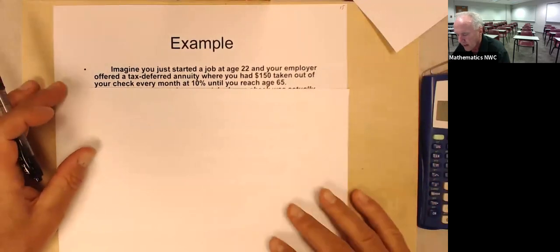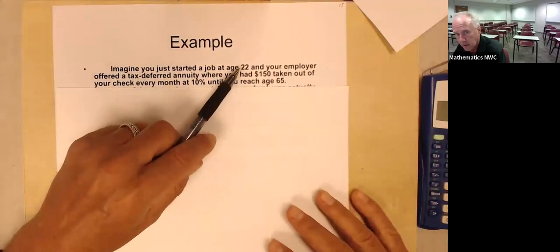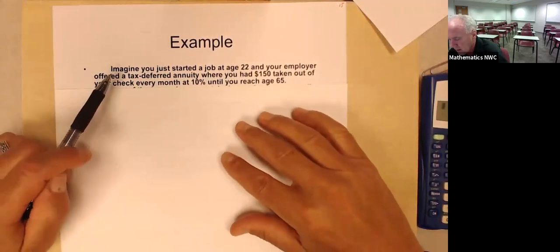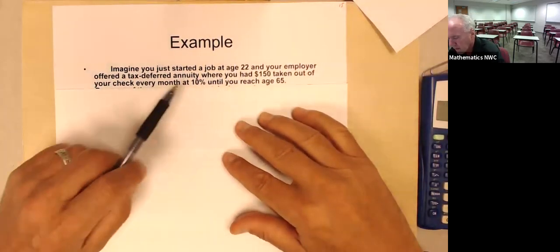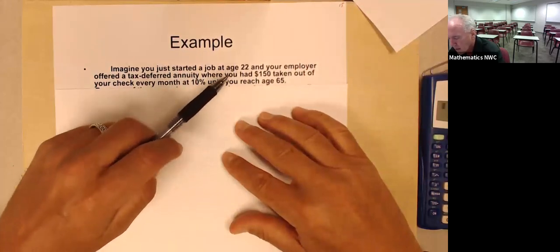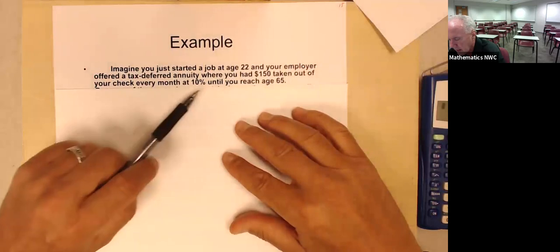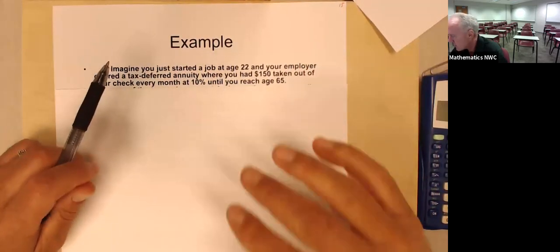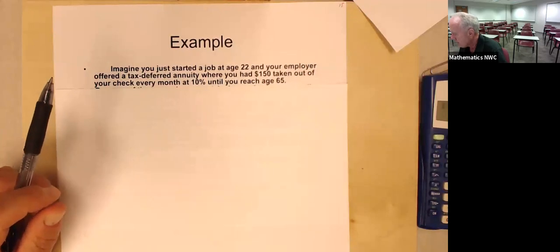Imagine you just got out of college, you're age 22. You got a job at some company, and that company, your employer, offers a tax-deferred annuity where you have $150 taken out of your check every month, 10%, till you reach age 65.